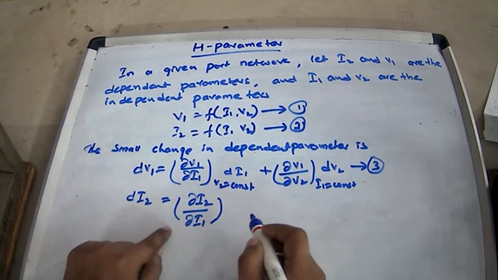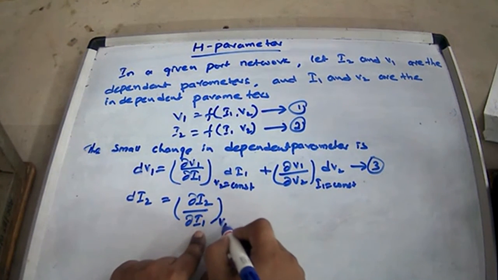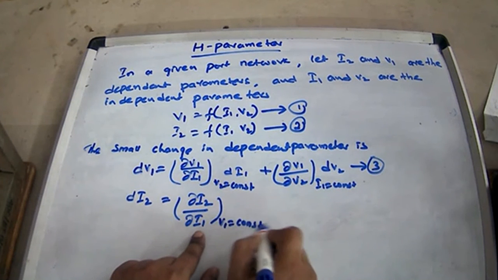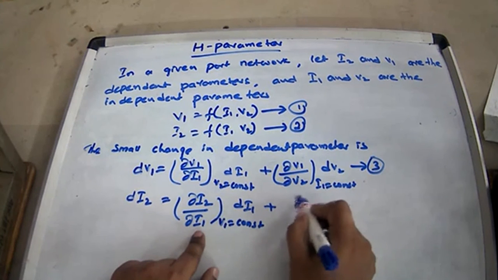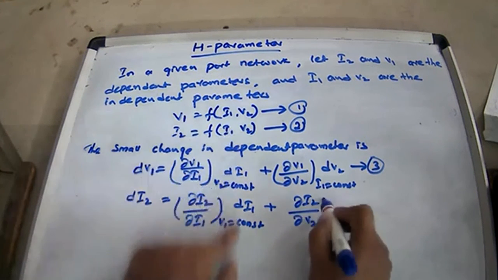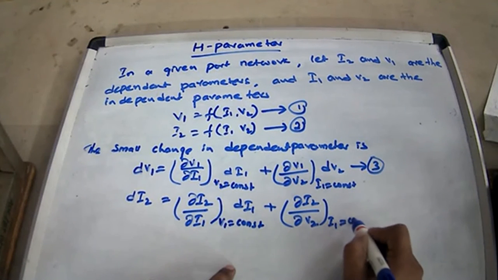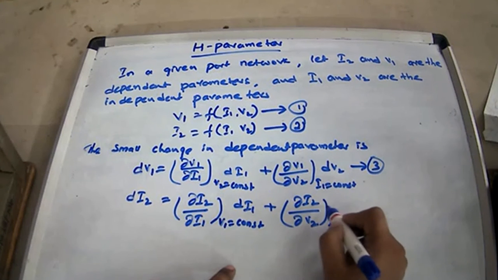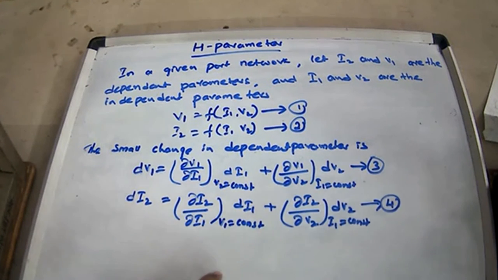So here, the limit value V1 is equal to constant, and this will be dI1 plus dou I2 divided by dou V2. Here we'll write I1 is equal to constant for dV2, say equation 4.